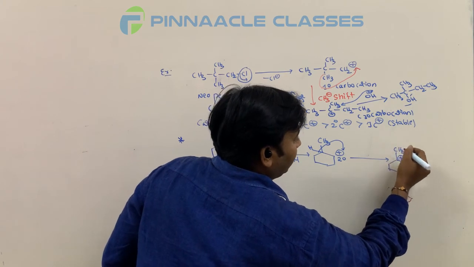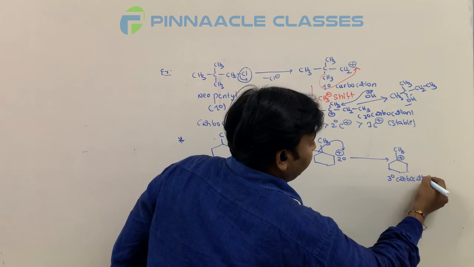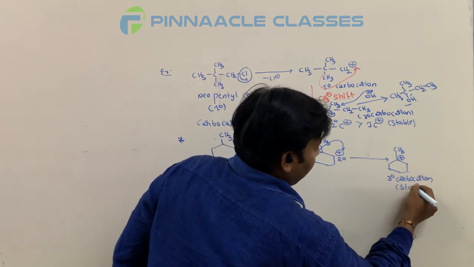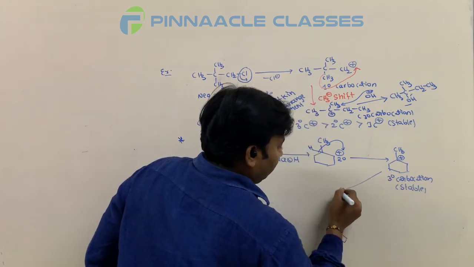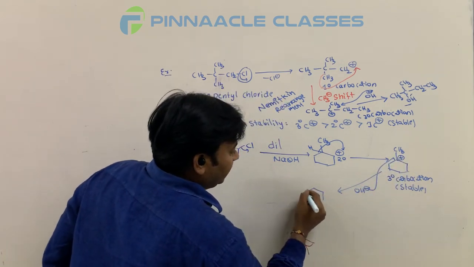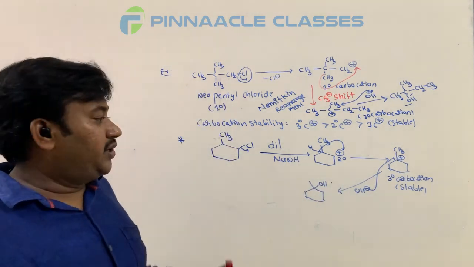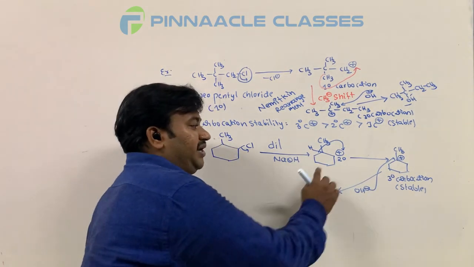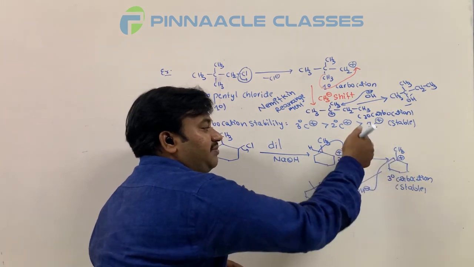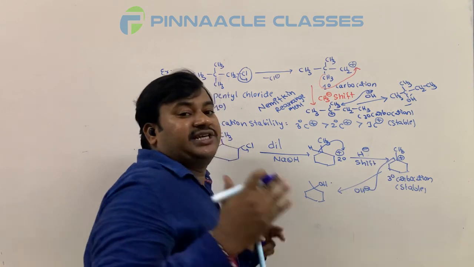Now this carbocation becomes a tertiary carbocation, a stable tertiary carbocation. After that OH will attack, and a tertiary alcohol will form. So it follows carbocation rearrangement, with a hydride shift taking place. This is the SN1 mechanism.